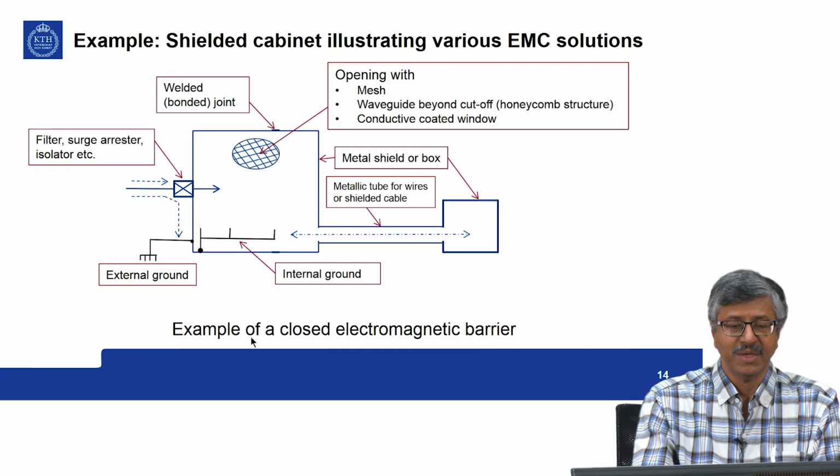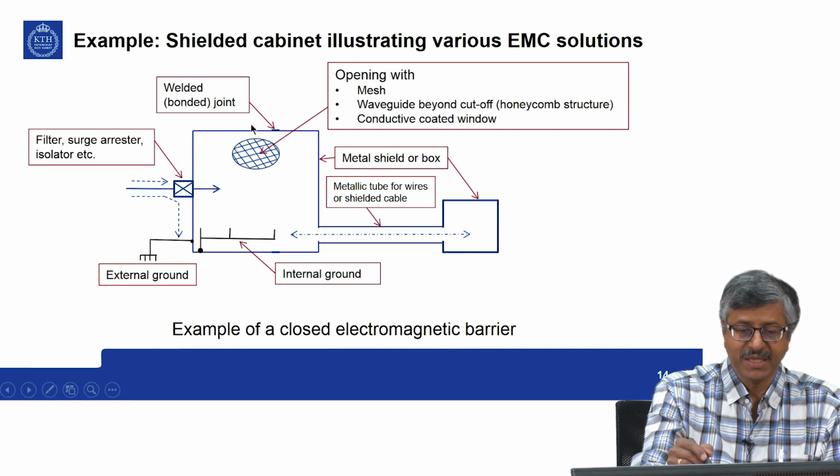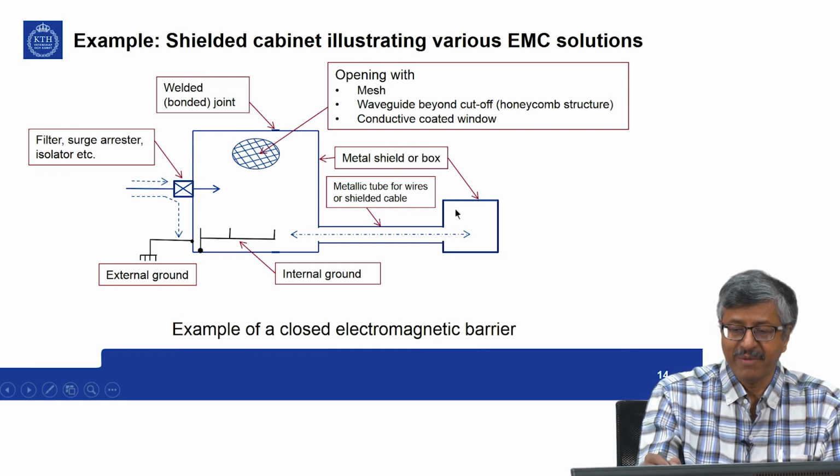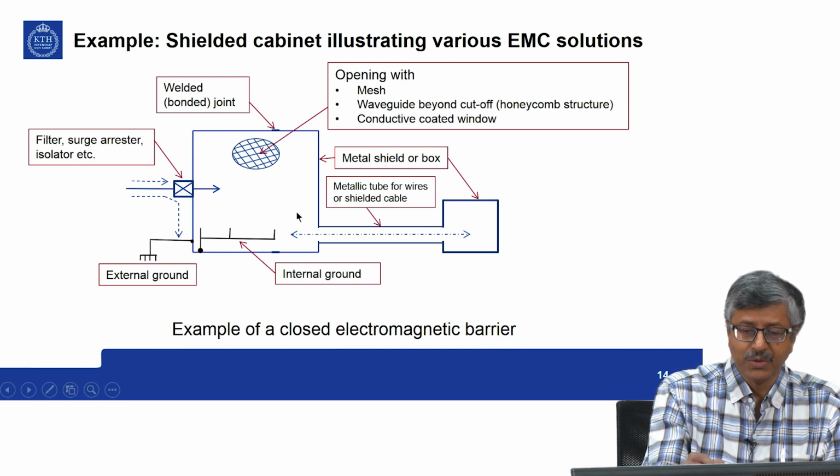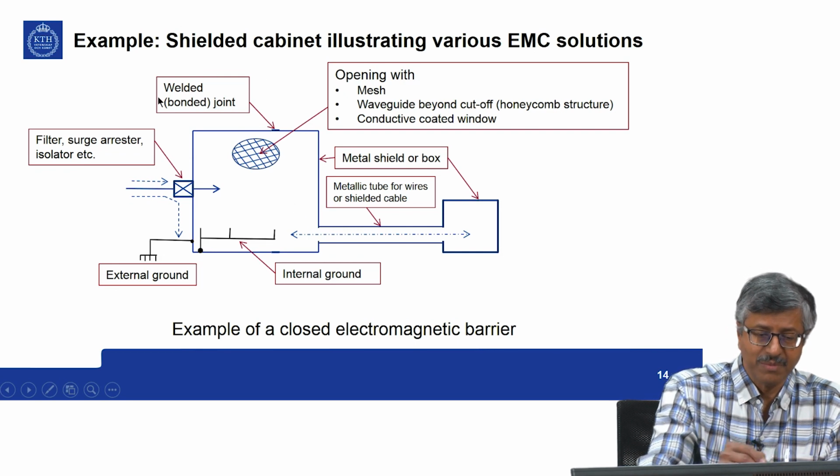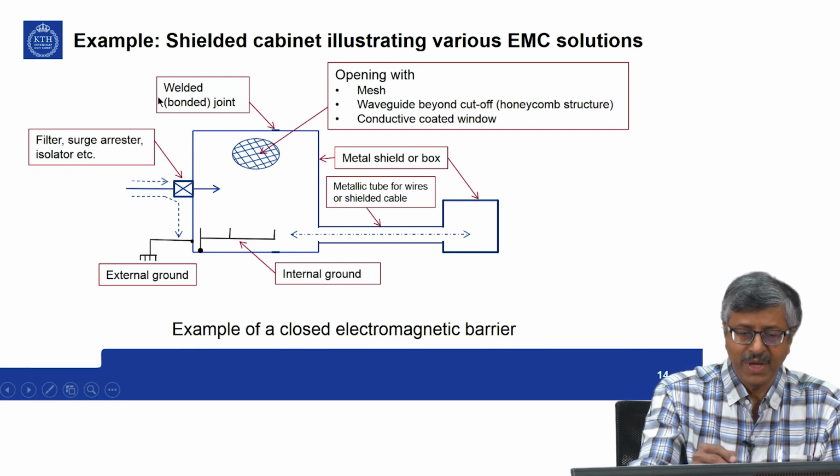Say for example, this is the main cabinet and you have an appendage system, another small control unit. So, outside you have one particular zone and you want to treat the whole area inside as a single zone, a second zone.